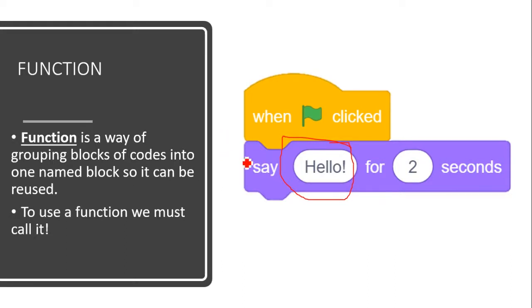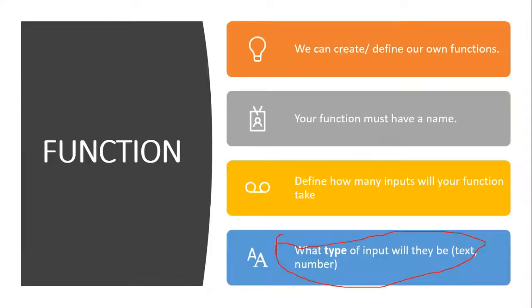So that is text. But the other one is taking numbers. So we cannot have text here. It's not going to work the way we want. It is not going to give us the timing that we want. Remember when we're looking at the different blocks, we also have other types of input, like Boolean inputs. We're going to look at that shortly once we switch to the Scratch interface.